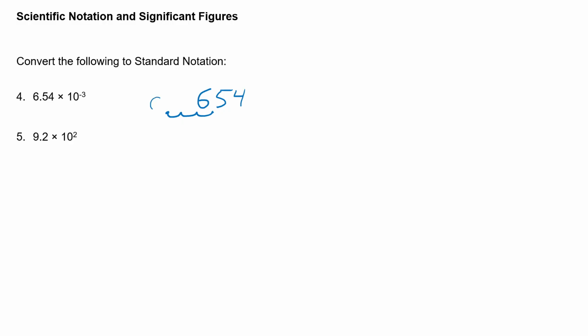And so that's going to make it 0.00654. That is going to be the answer, 6.54 times 10 to the minus 3. 10 to the minus 3 is a thousandth, and so this is 6 thousandths and some more, so that again makes sense.